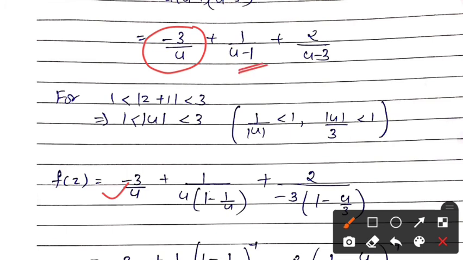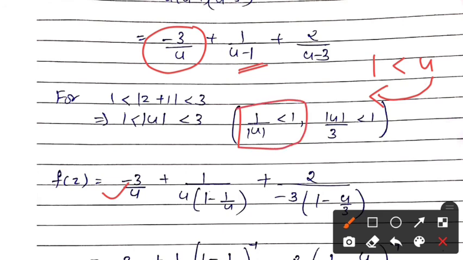So what I am given here, 1 is less than u. If 1 is less than u, what I require is something less than 1. So for something less than 1, what I have to do is take this to the numerator portion. Okay, so I get 1 upon u less than 1.